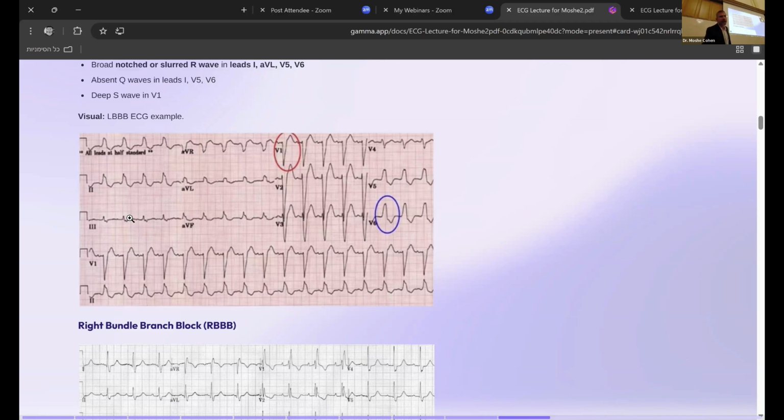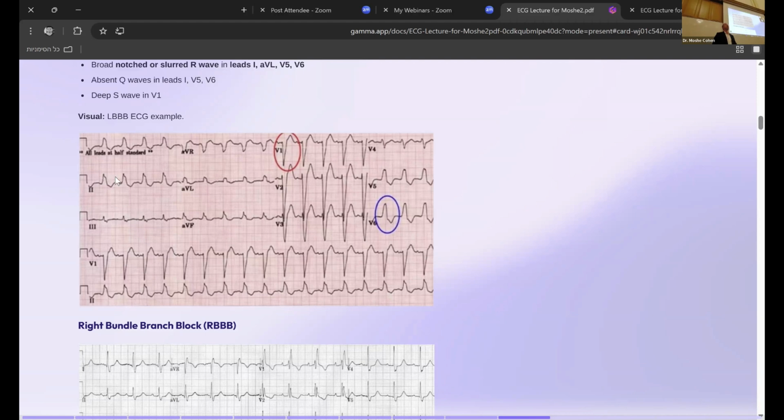1 square, that will be 300 beats per minute. Very, very severe tachycardia. When you have 2 squares between R to R, that would be 150.